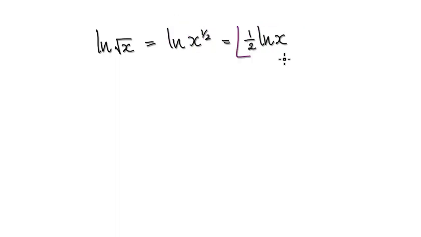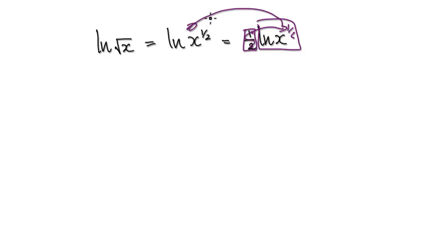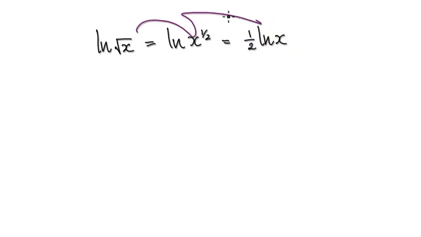Whenever you see something like this, you are able to push this half back up here. You are allowed to do that to take you back to here. So from here you can jump to here, and then you can jump to here, or whenever you see something like this, you can push the half back into here. That will allow you to jump back. The point is that you can jump back and forth.